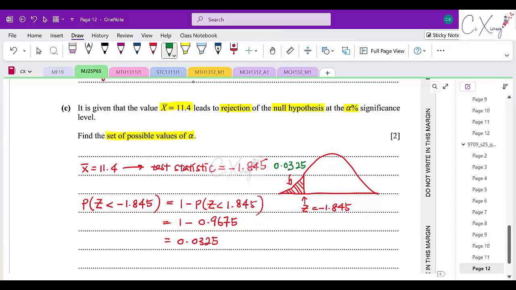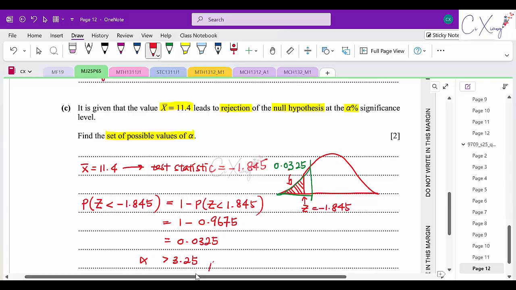So this area is 0.0325. Then how can I make sure that z equals negative 1.845 always falls under the rejection region? If you want to make sure that z always falls under the rejection region, that means the significance level must be bigger than the area for z smaller than negative 1.845. Therefore your alpha must be bigger than 0.0325, which is 3.25%.